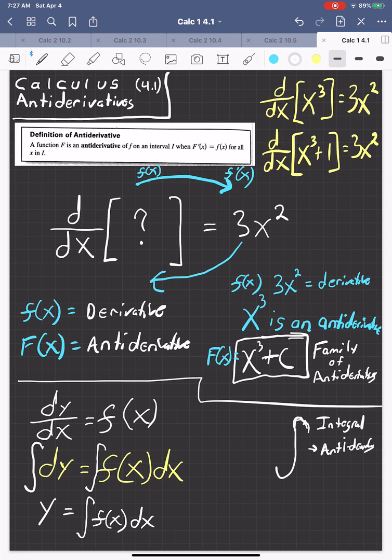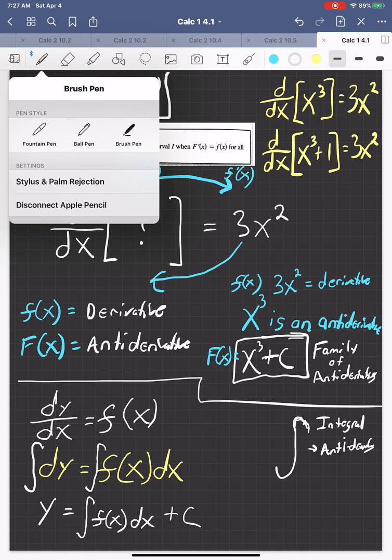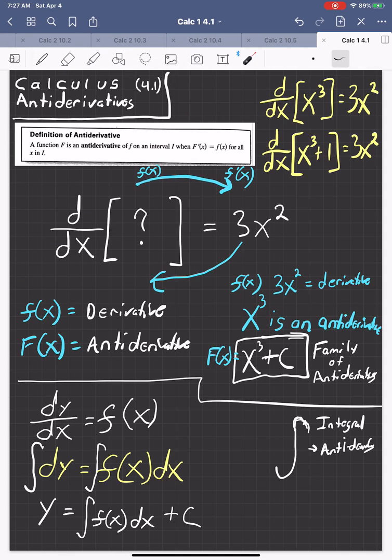The only difference is I'm going to use a capital F right here. The last thing I got to do, and what you're going to see more of, is you're always going to have plus c, because if you don't have plus c, then you're telling me you know what c is, and you don't know what c is just by taking the antiderivative.